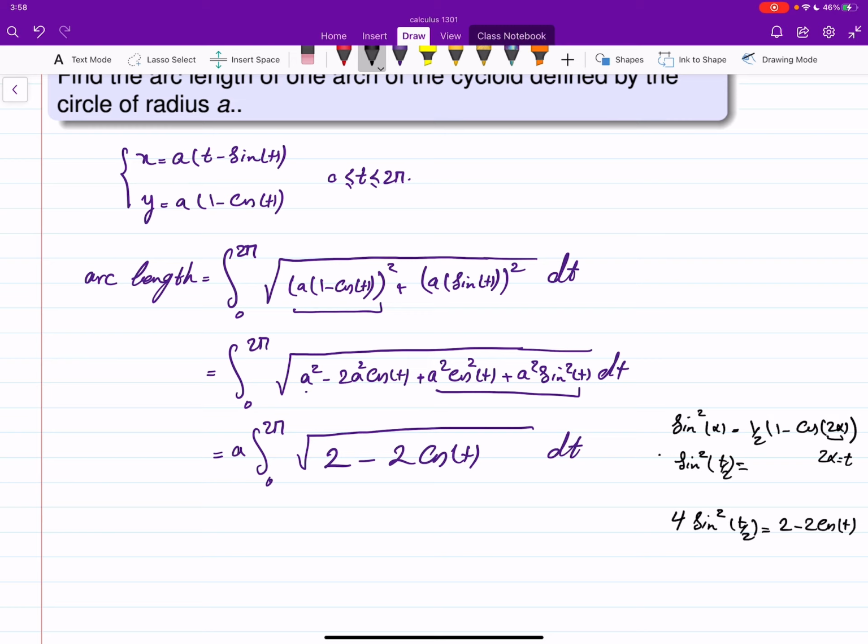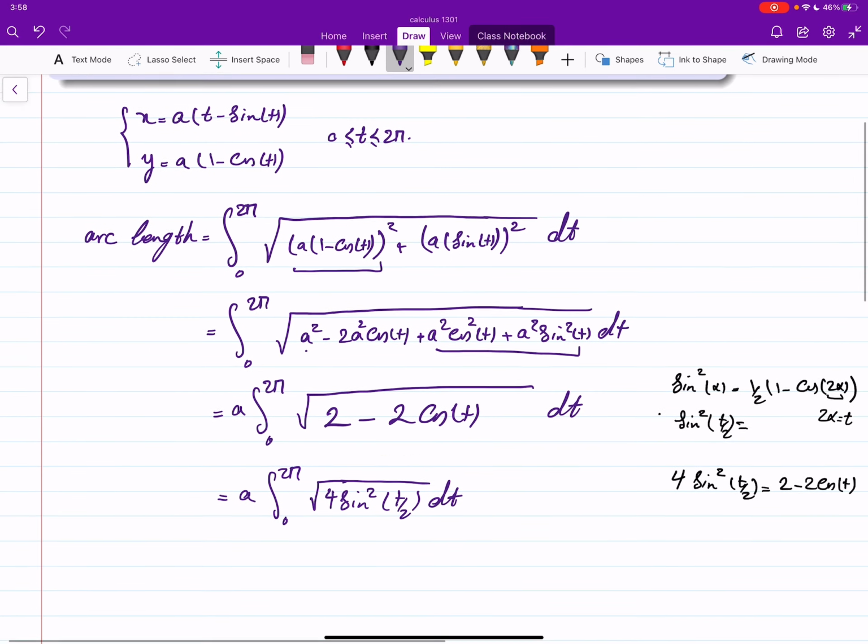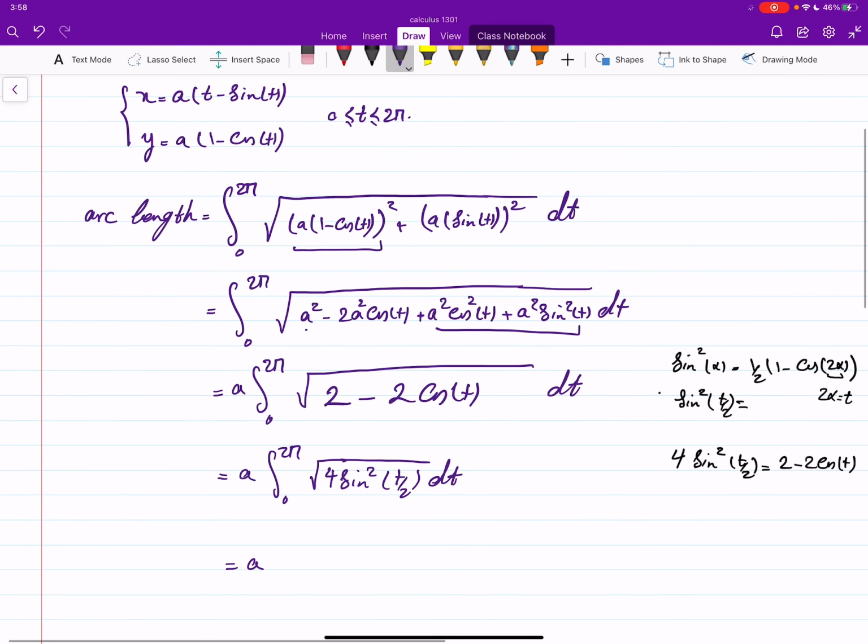So this is what I have now: a times the integral from 0 to 2 pi of the square root of 4 sine squared t over 2. And well, that gives me 2 comes out. The square root of sine squared is the absolute value of sine of t over 2.